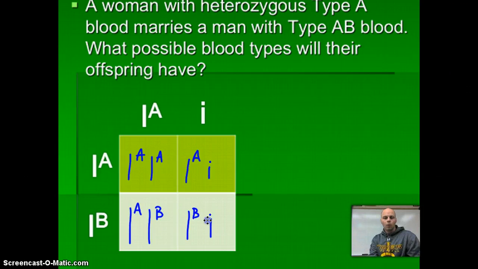So we get a 1 to 2 to 1 ratio of our phenotypes, and we end up with a 1 to 1 to 1 ratio of our genotypes.